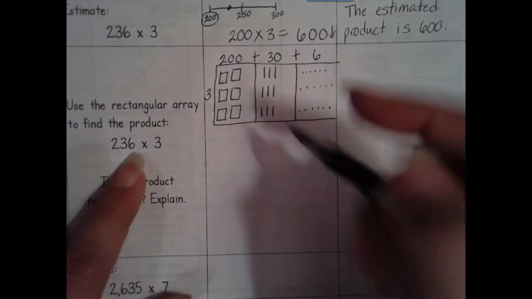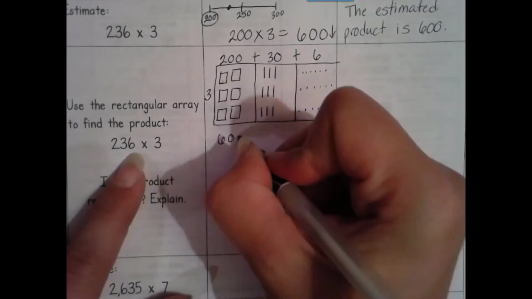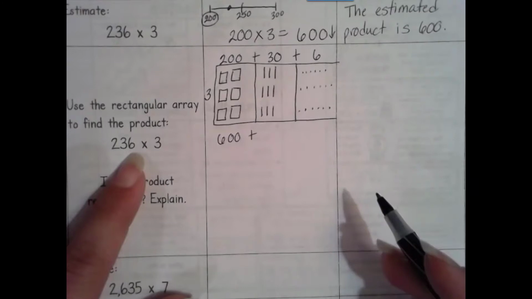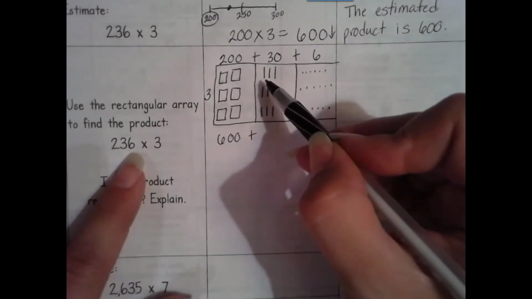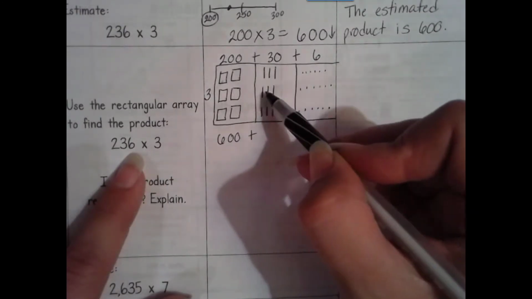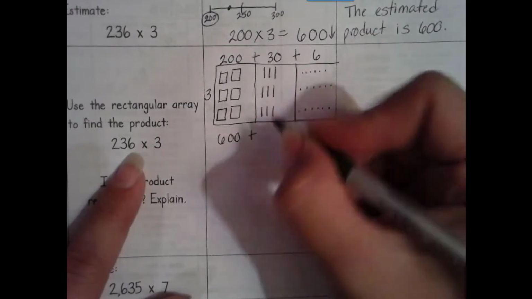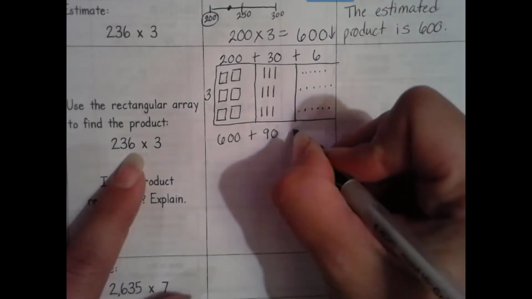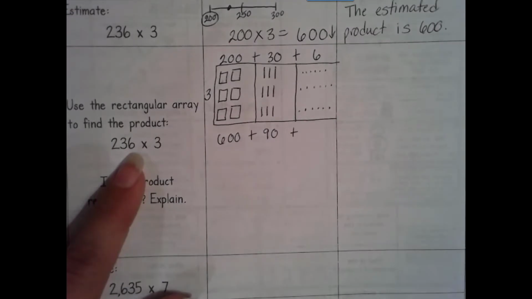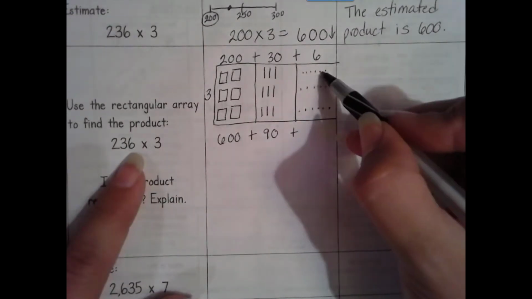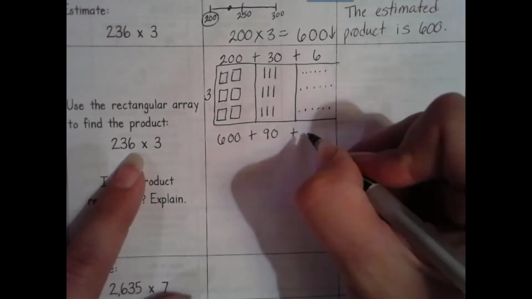So here I have 1, 2, 3, 4, 5, 600. Here I have 10, 20, 30, 40, 50, 60, 70, 80, 90. And here I have 6, 12, 18.